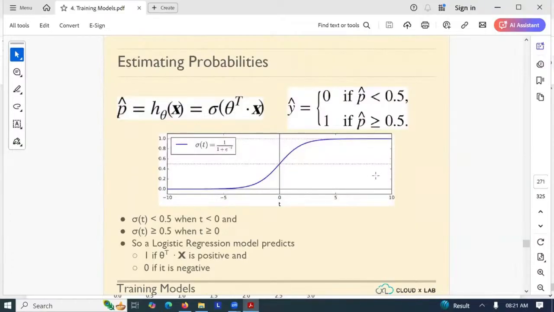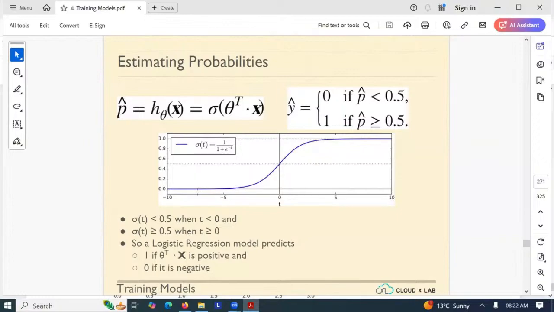If the input belongs to the positive class, then we want high probability, like 0.9 or 0.99. Similarly, if the input belongs to the negative class, then we want low probability, like 0.1 or 0.001. That type of probability we want, right?